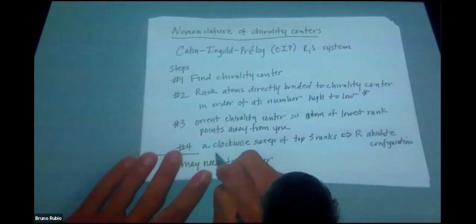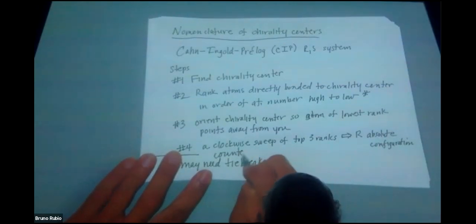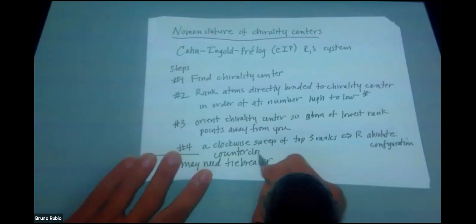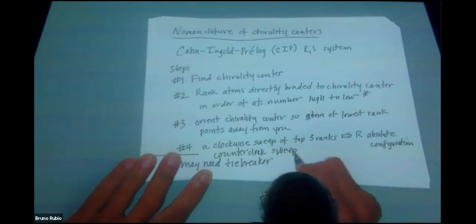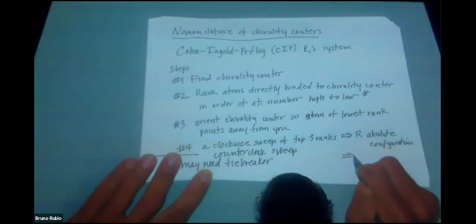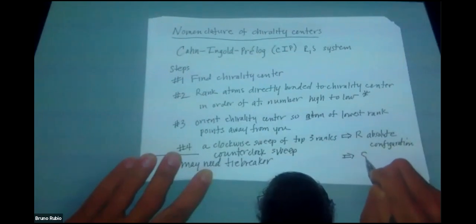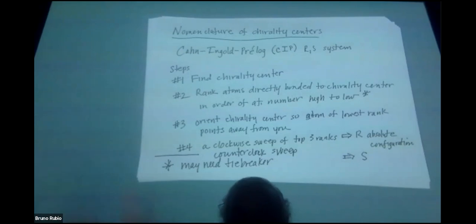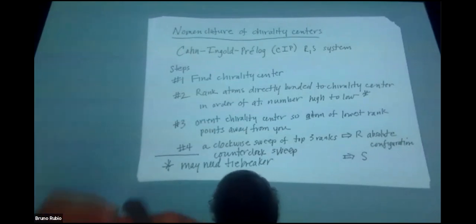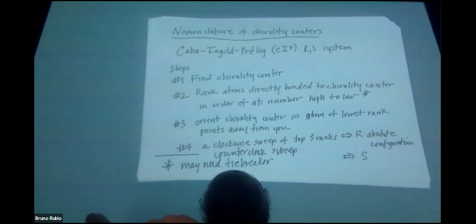Okay, a counterclockwise sweep, that is said to have the S absolute configuration, which that S comes from the Latin word sinister, which is a fancy way of saying the left hand.